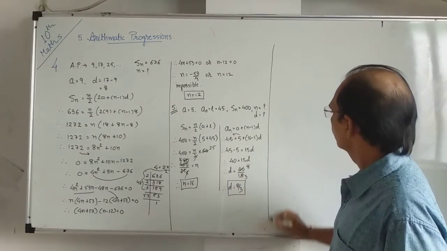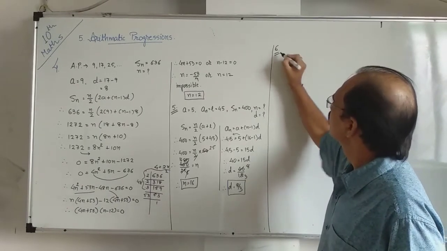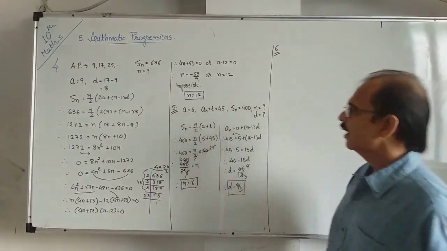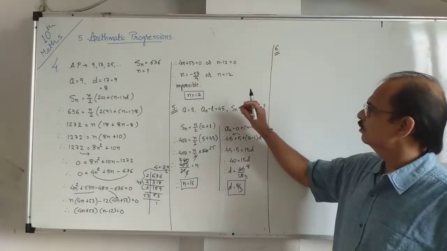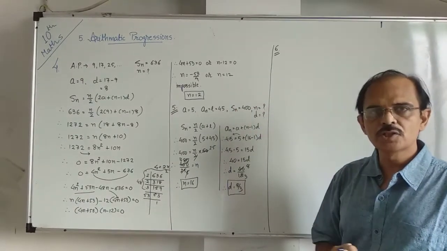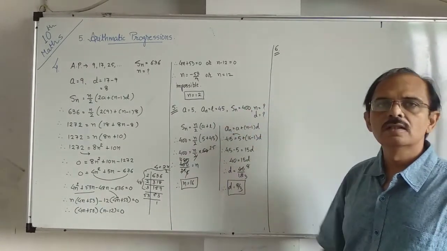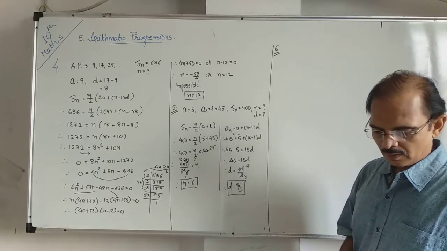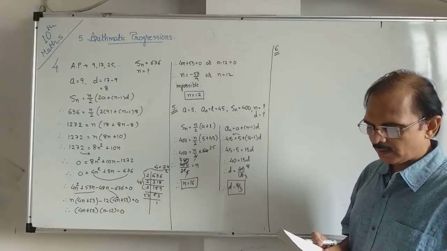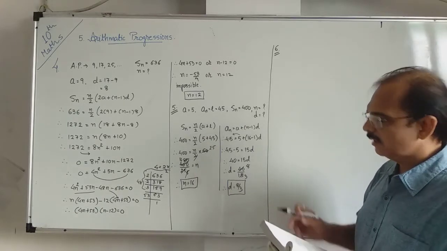Okay. Now 6th number. See here, it is very easy. You have to write the data from the question and then place it into the formula. First and last term of an AP are respectively given as 17 and 350.